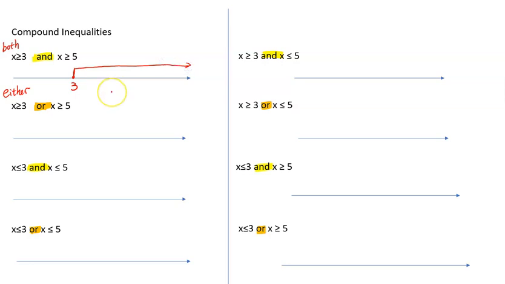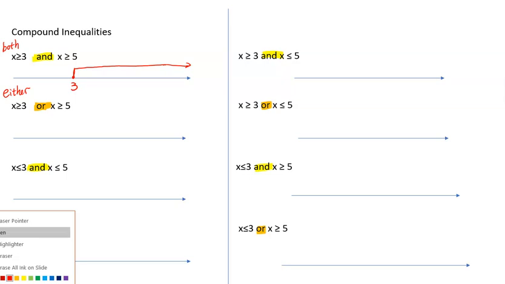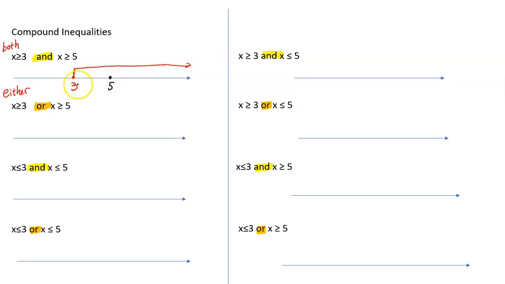So imagine this, think of this as a cover we set up, like a tent. And then the second one says x is greater than or equal to 5. I'm going to use a different color. And starting at 5, because 5 is bigger than 3, I'm going to put it to the right of 3. And we draw all the numbers greater than or equal to 5, starting from 5 and moving to the right.